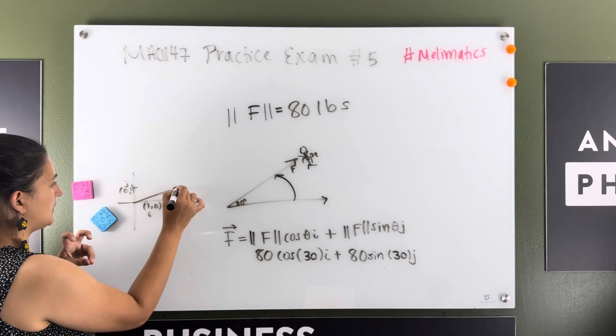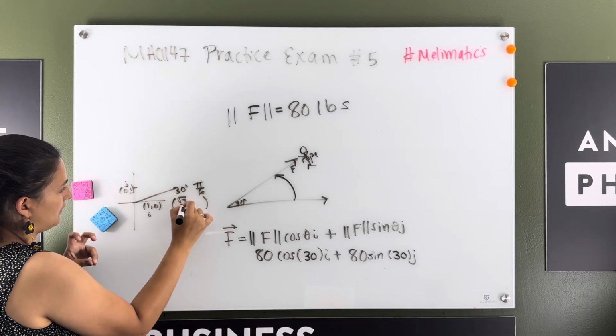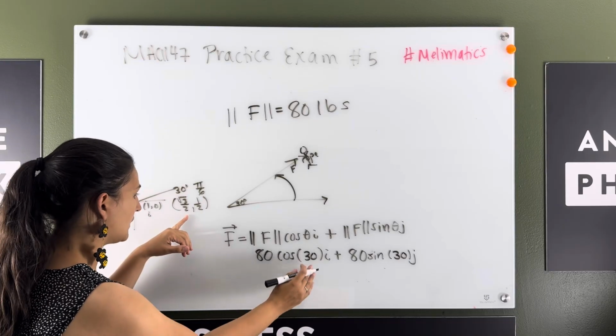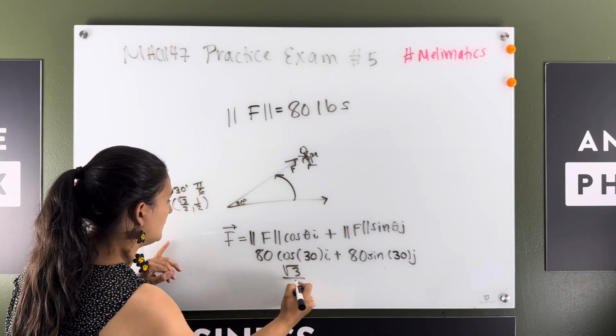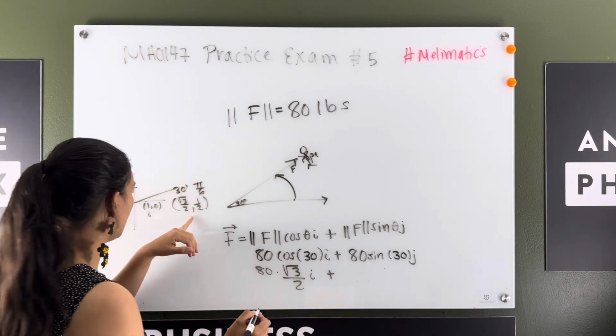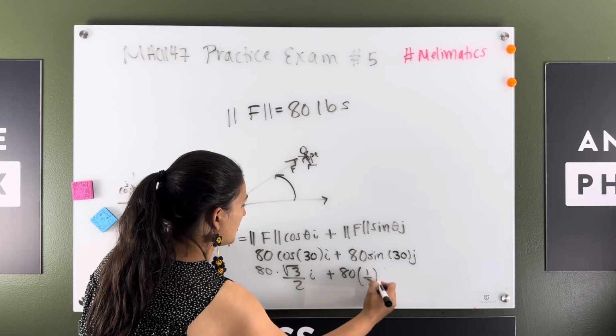So 30 degrees, that's the same as pi over 6. That's the square root of 3 over 2 for x and 1/2 for y. So we're going to plug in. So cosine of 30 is the square root of 3 over 2. Don't forget times 80. And then sine of 30 is 1/2. So it's 80 times 1/2 j.